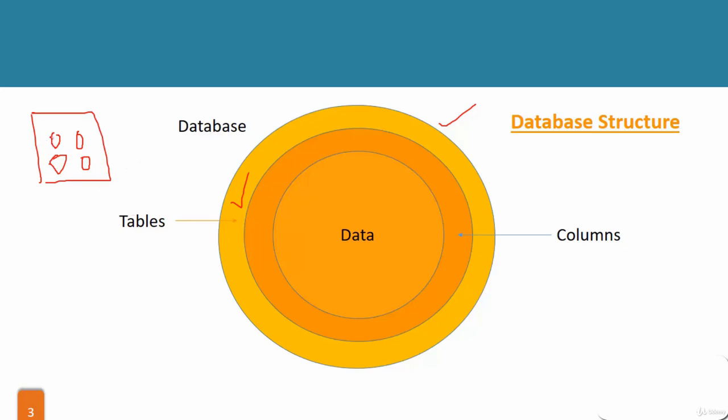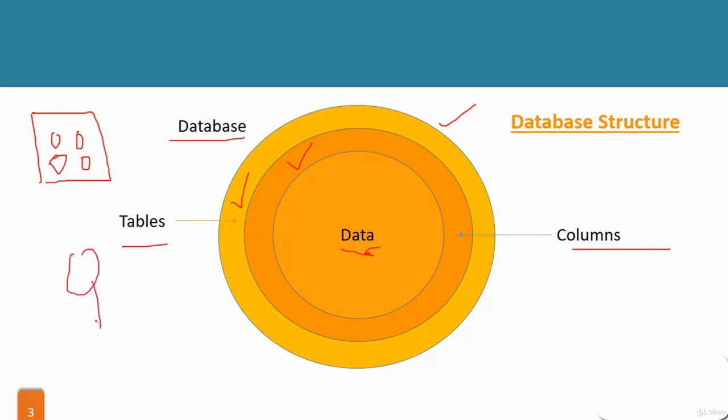Inside tables we have columns. Inside each and every table we have columns. For example, if student is a table name, then in student I can have the student name, student roll number, right? So these are called columns, and columns are inside tables. The outer shell of columns is called the table, and the outer shell of the table is called the database. The innermost shell of the database is called data, and this is what is needed.